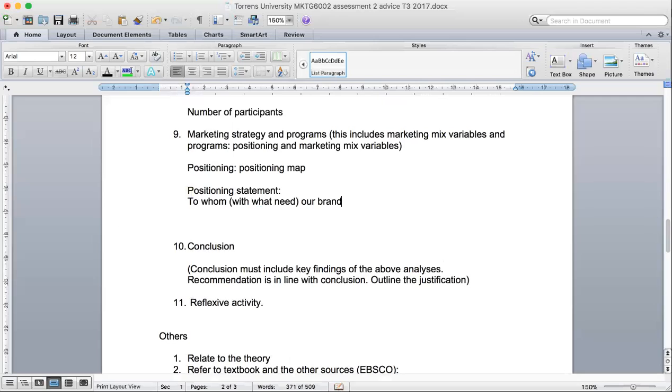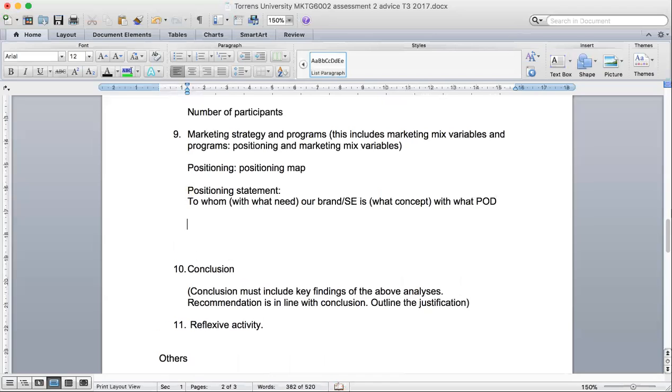our brand, in this instance the social enterprise, is what concept, with what point of differentiation, or the point of differentiation here is basically about the reason to believe. And then you apply your marketing mix variables.